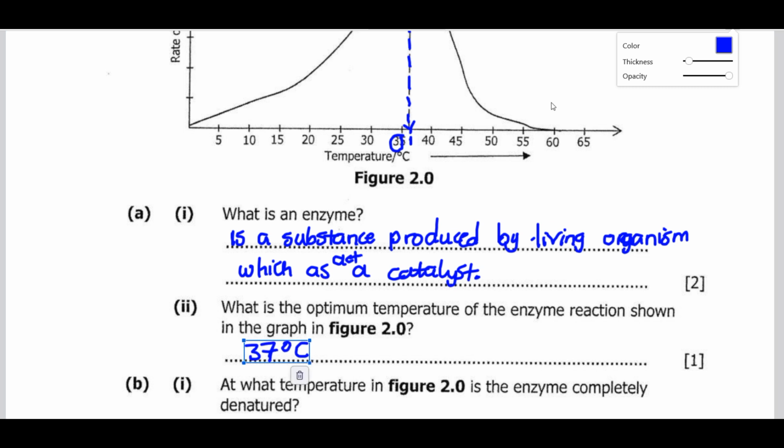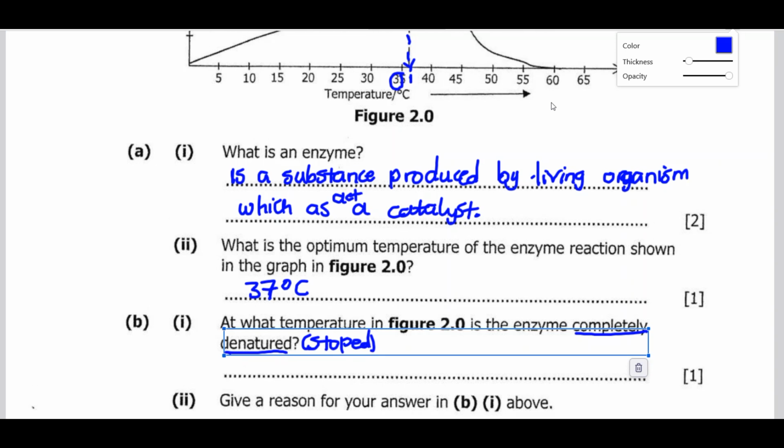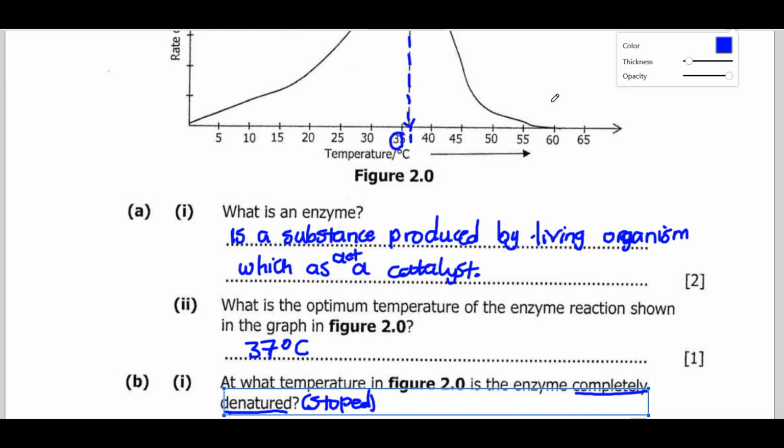Then we move on to question B1. At what temperature in figure 2.0 is the enzyme completely denatured? So how do you tell that the enzyme has completely denatured? So this is when the reaction has stopped. So the reaction has stopped completely because of no enzymes to act as a catalyst. Now, using the graph, you need to look at this line. The line where it is just touching the x-axis, that shows where the reaction is completely down.